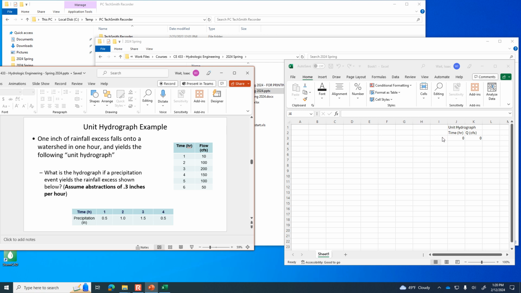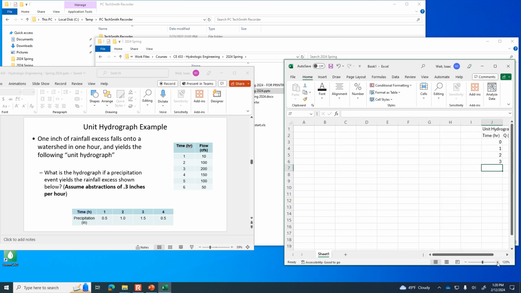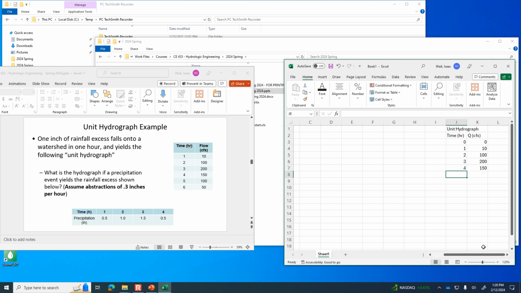At time 1, it is 10 CFS. At time 2, it's 100. At time 3, it's 200. Time 4, it's 150. Time 5, it's 100. Time 6, it's 50. So this is the unit hydrograph, which is kind of the baseline response from 1 inch of rainfall excess.